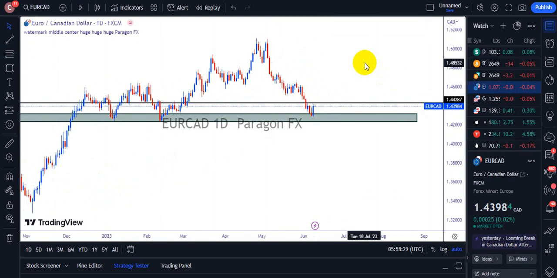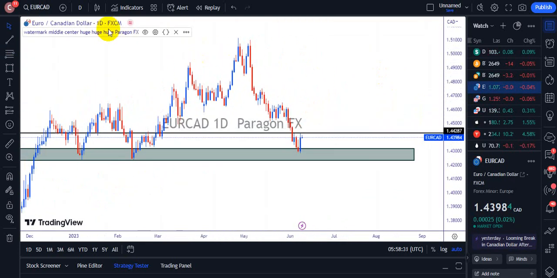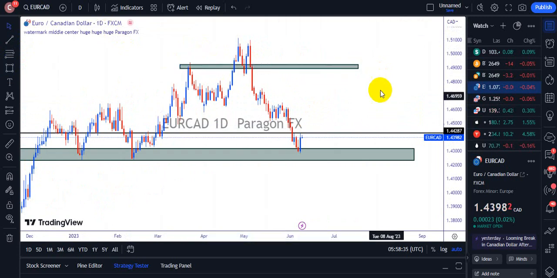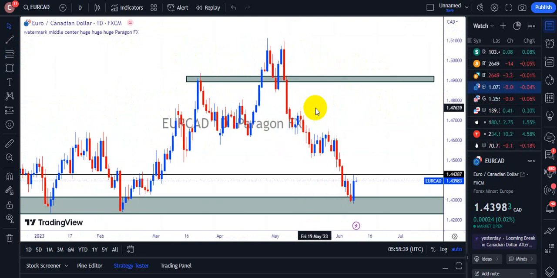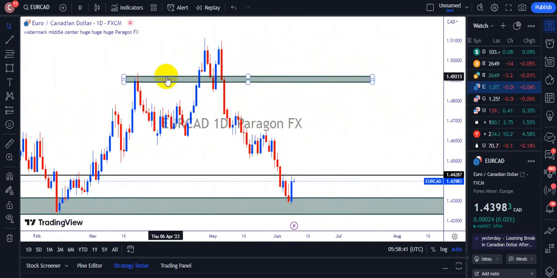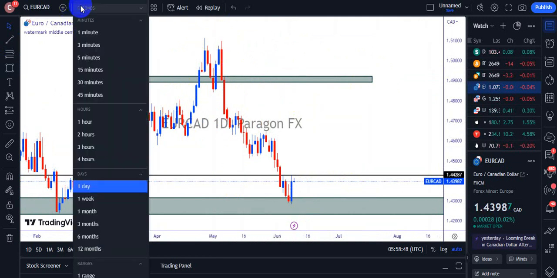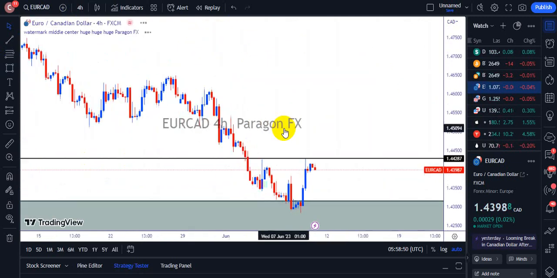This TL is important. This area, you can see this area is now important. You have to see a buying in Eurocat because lot of liquidity is present above this area. Very lot of liquidity. Come to H4 time frame.